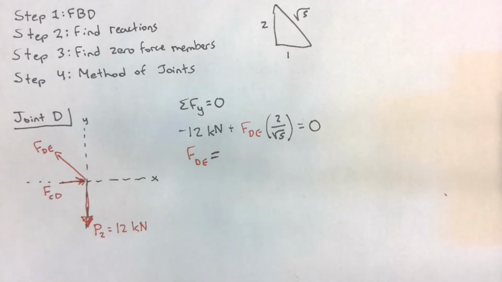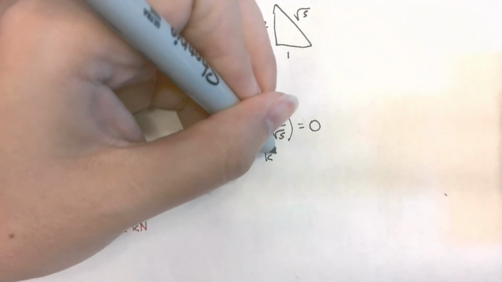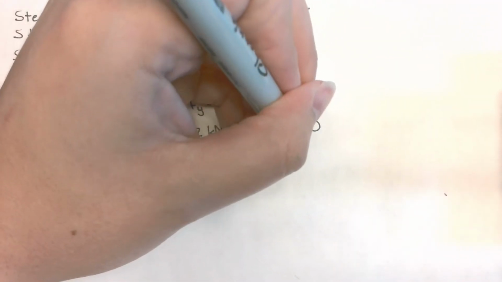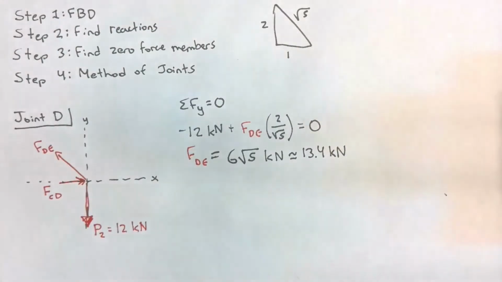So here we have only one unknown, so we want to solve for force DE. That should be equal to 12 divided by 2 multiplied by root 5. Okay? So 12 divided by 2 multiplied by root 5, how much is that? I get here about 13.4 kilonewtons, right? So I'm going to write 6 times root 5 kilonewtons, which is approximately equal to 13.4 kilonewtons.